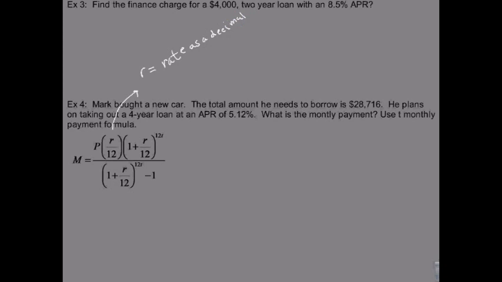Okay. T is time in years. Now you'll notice we don't have N anymore. Loans are compounded monthly.